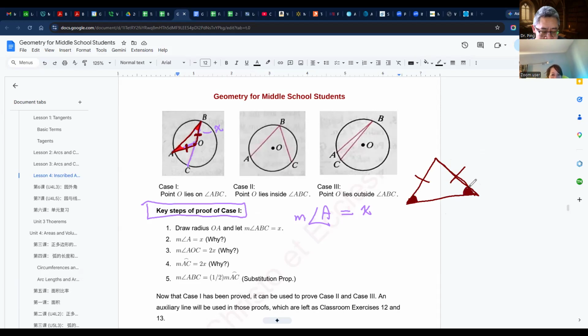Good. So the measure of angle A is x. If that's the case, then we know the angle AOC, this angle, is 2x. Why is that?